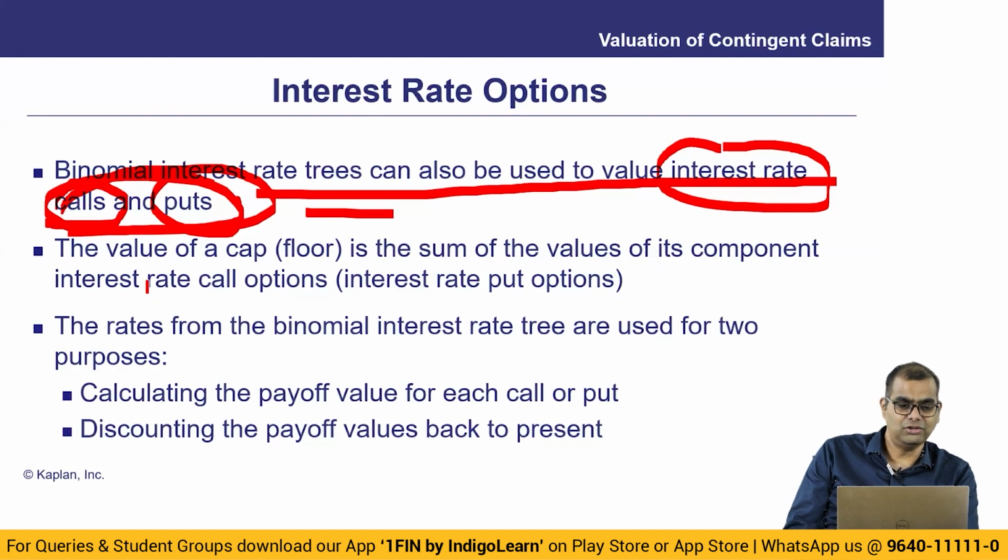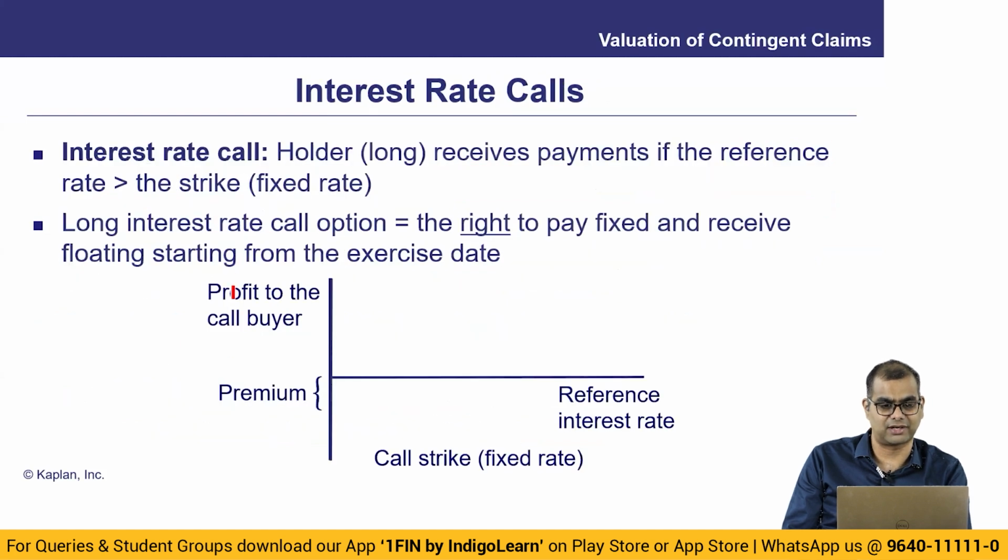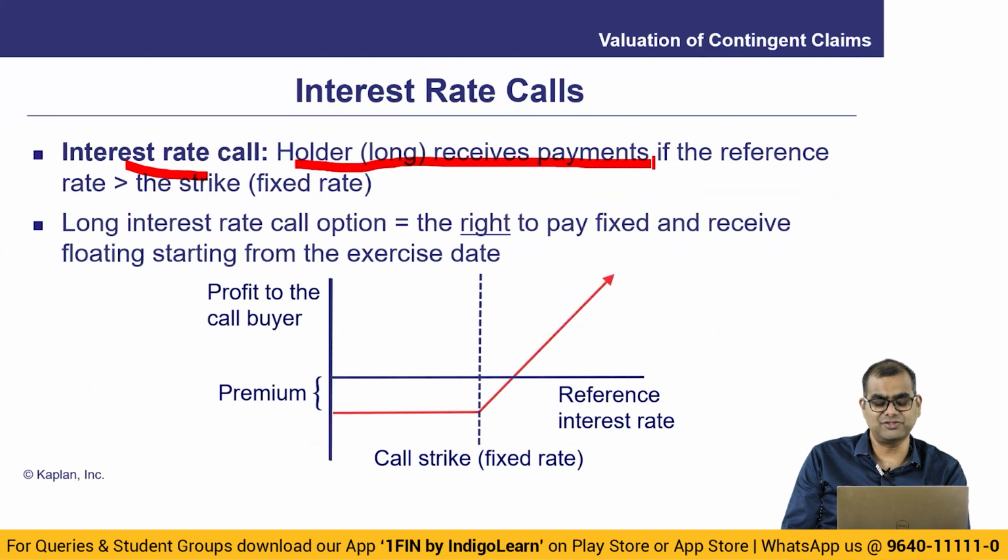So what is an interest rate call? An interest rate call is the value of a cap. I'll have to explain cap first, so let us come to call, and then we will look at cap. Cap and floor. What is an interest rate call? The holder receives payments if the reference rate is greater than the fixed rate. Let's say I agree for an interest rate call of 5%.